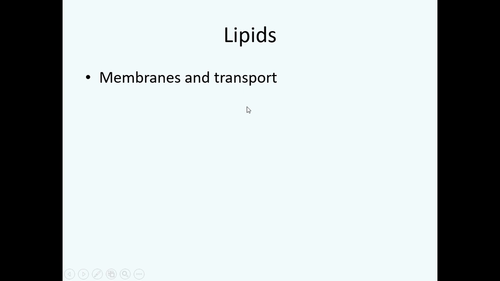Since lipids are nonpolar, they are hydrophobic. So water molecules and other polar molecules cannot freely move through the membranes because the interior of biological membranes is hydrophobic, because it contains fatty acids which are nonpolar.